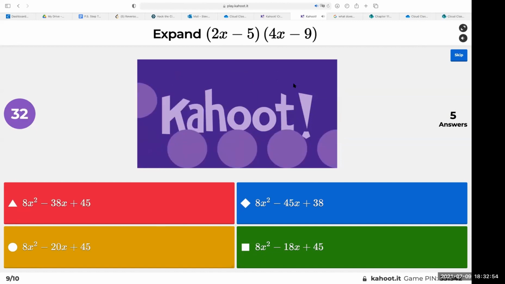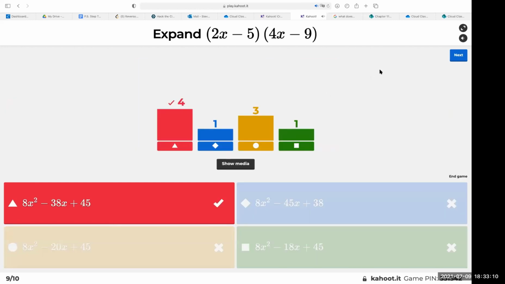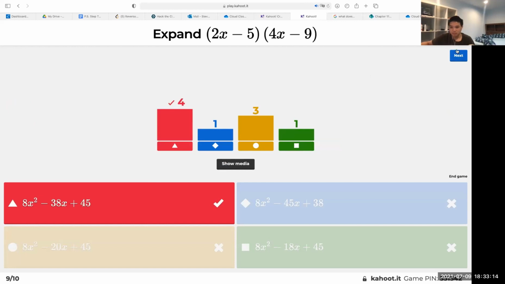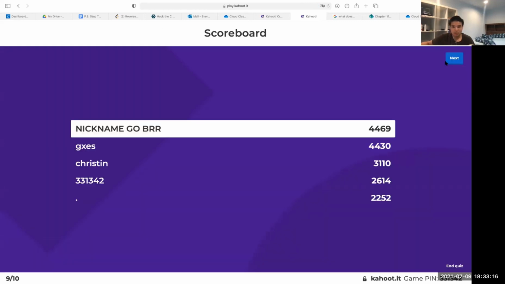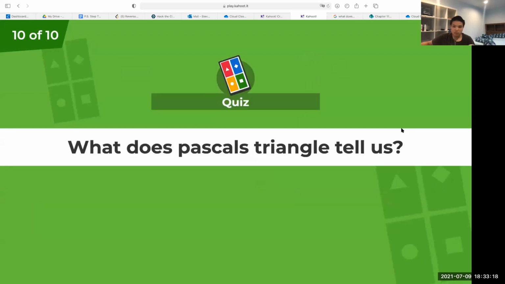Refund one of my alts correct. Okay. The last one.